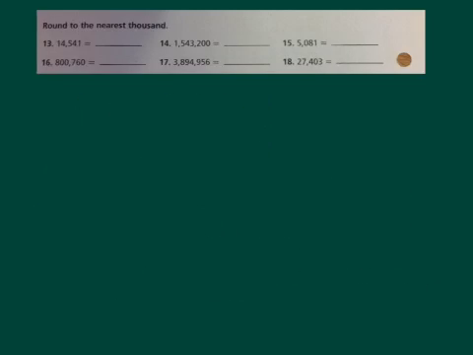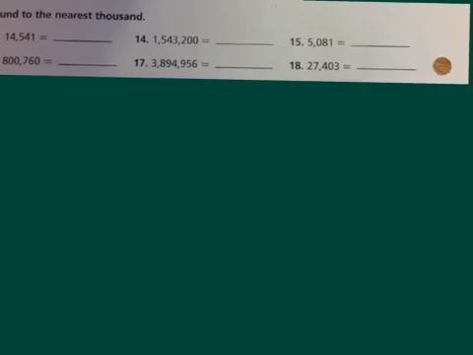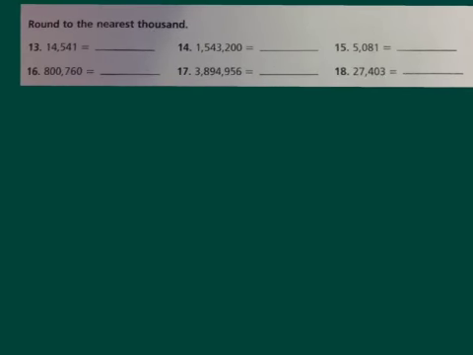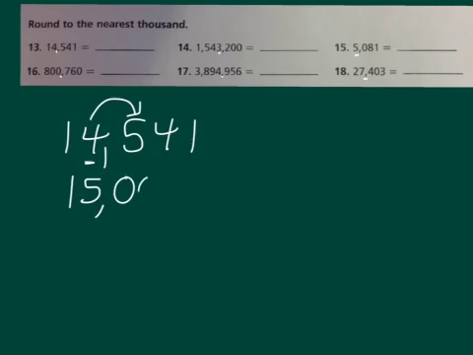So when I'm rounding here, remember you're rounding to the nearest 1,000. So your 1,000, if I make this a tiny bit bigger, your 1,000 is the 4, the 0, the 3, the 4, the 5, and the 7. And if I look to the right of that, it's a 5, which means the 4 is going to go up to a 5, and everything else is going to stay the same.